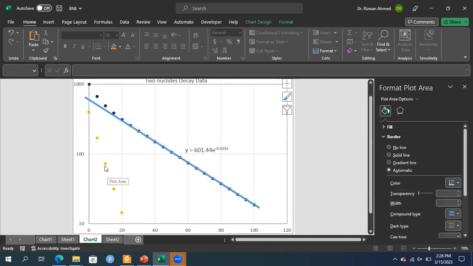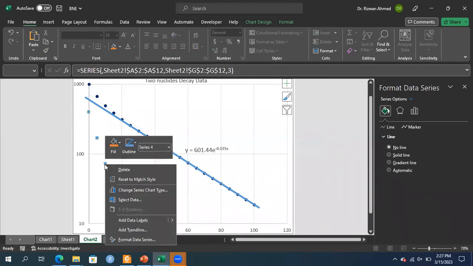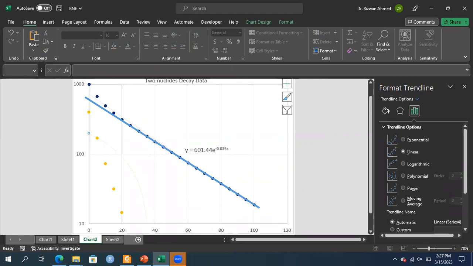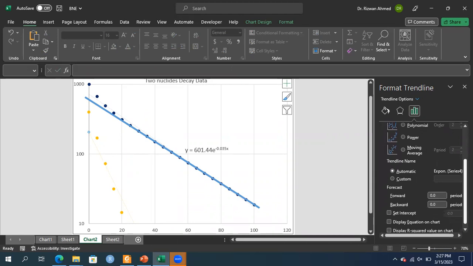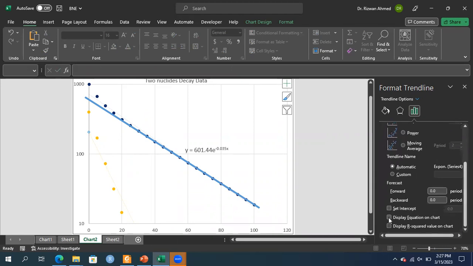I hope they are visible. And now this is just one nuclide. I asked Microsoft Excel to help me add the trend line. And this line is a straight line on a semi-log paper, which means there is an exponential relationship. I also requested Microsoft Excel to give me the equation, and that's it.